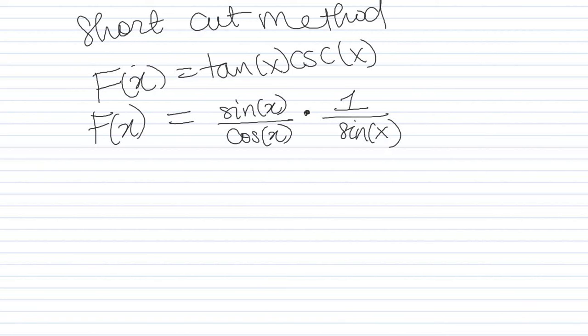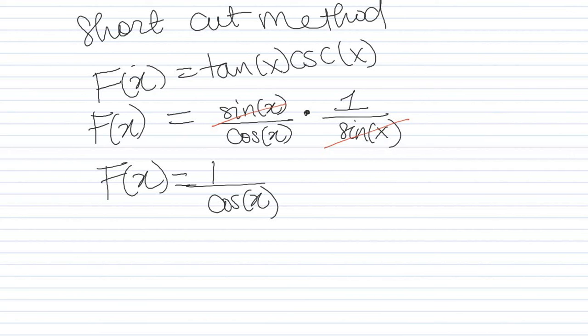So f of x is the same thing as sine x over cosine x multiplied by 1 over sine x. So the next thing you have is f of x equals 1 over cosine of x, and that is f of x equals secant x.